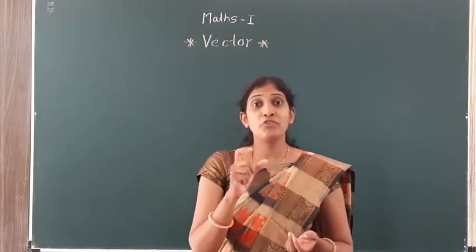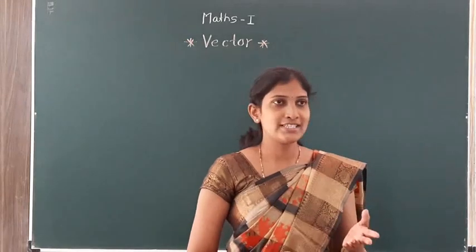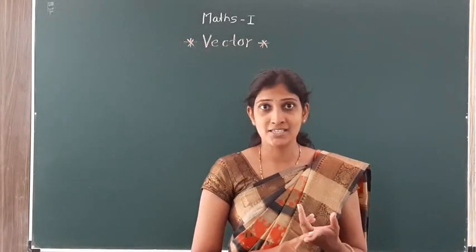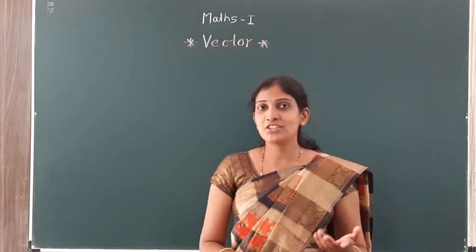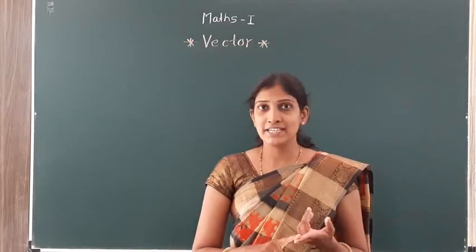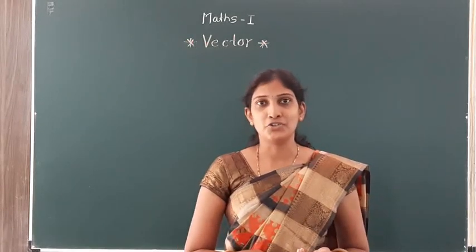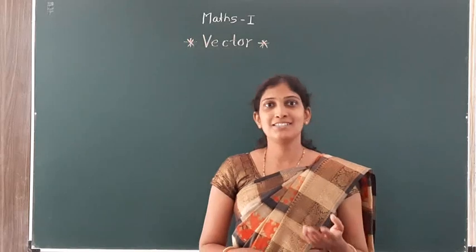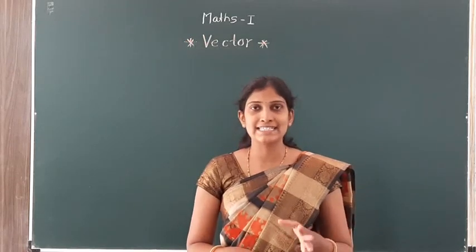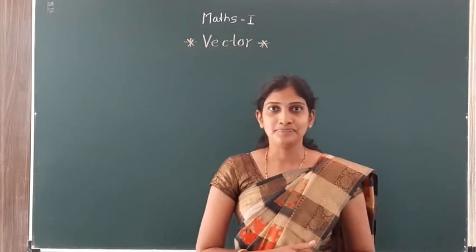The quantity which has only magnitude is called a scalar quantity, for example length, mass. And what is a vector quantity? The quantity which has magnitude as well as direction is called a vector quantity. For example, force, displacement, etc. These things you studied in physics.